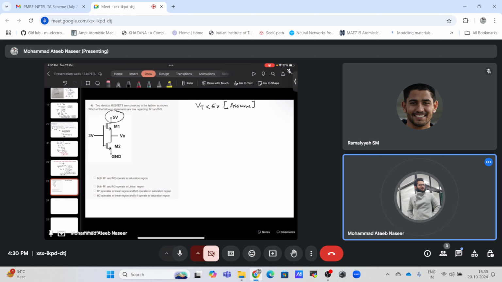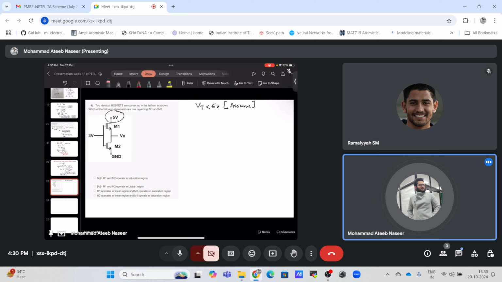VT will not be greater than 5 considering non-power devices. If we consider power devices like GaN HEMTs, they might have a 5 volt threshold voltage, but we are talking about simple silicon devices, and I don't think they will have a 5 volt threshold voltage in the present technology that we are using.